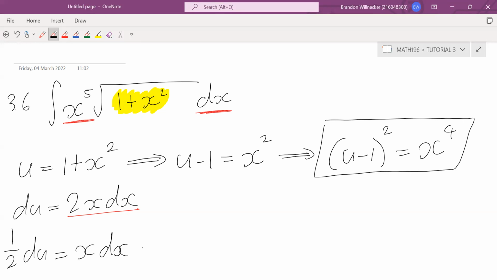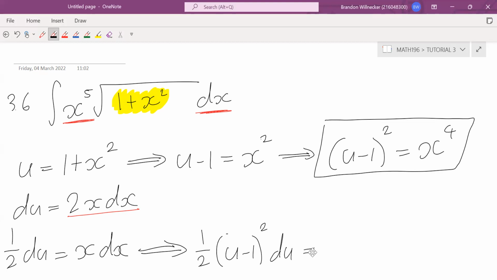So we're going to take our expression and multiply on the left and on the right by x to the 4. So on the left, we multiply by x to the 4, but we use the expression in terms of u. So it's going to be 1/2 u minus 1 squared du.